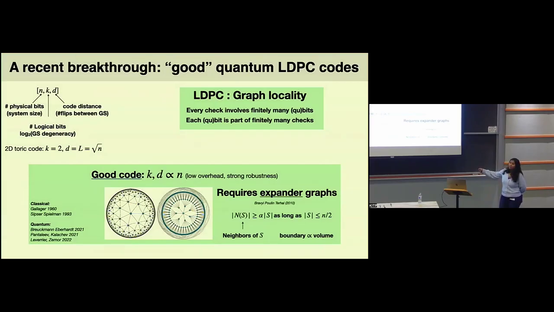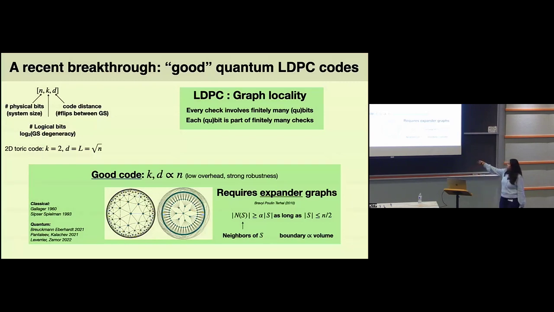Okay, these expander graphs are families of graphs which roughly have the property that boundaries or surface areas are proportional to the volume. And what does that mean? That means that if I cut out any subset S of sites from this graph, as long as the size of that subset is less than or equal to half the total number of sites in the problem, then the neighborhood of that set, or the number of edges that connects that set to its complement, scales proportionally to the size of the set itself.